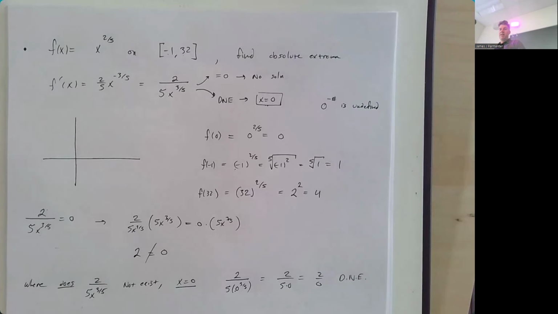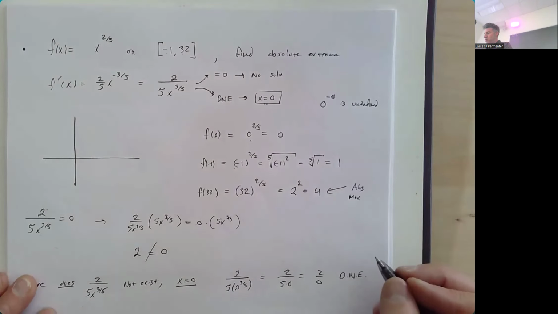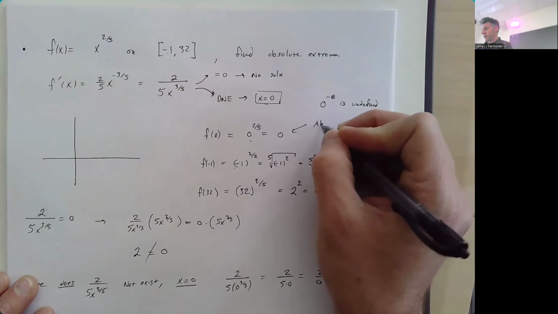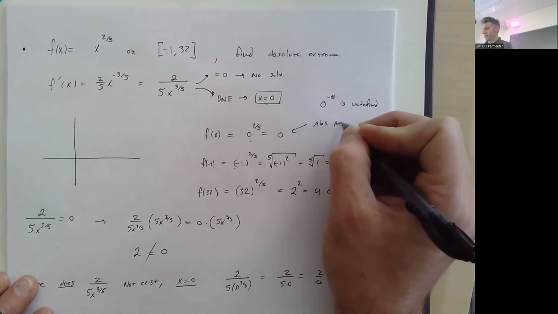So here we would say our absolute maximum is 4 occurring at x equal to 32, and our absolute minimum is 0 occurring at x equal to 0. Graphically, this function looks kind of like my bird function. I now have the point -1, 1, and then the point 32, comma 4.